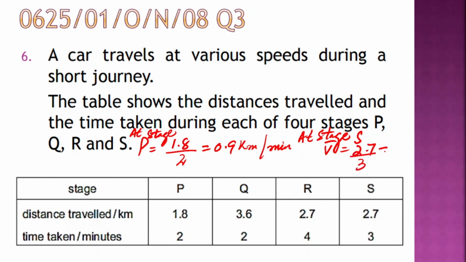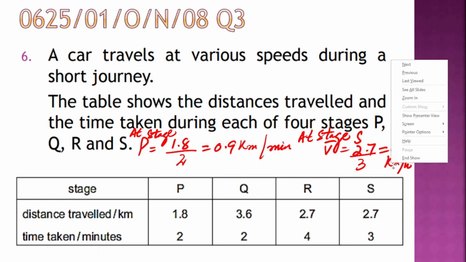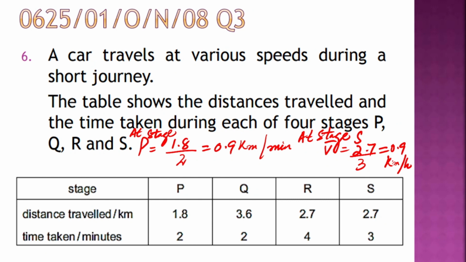So that also gives us the same average speed of 0.9 kilometer per hour. So the right option is that at stage P and at stage S the average speed of the car is the same.